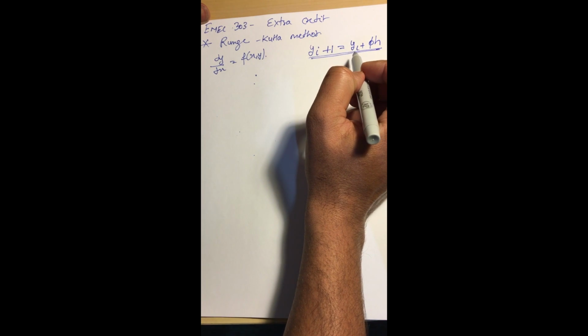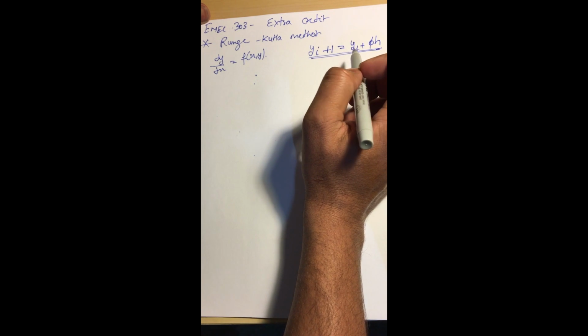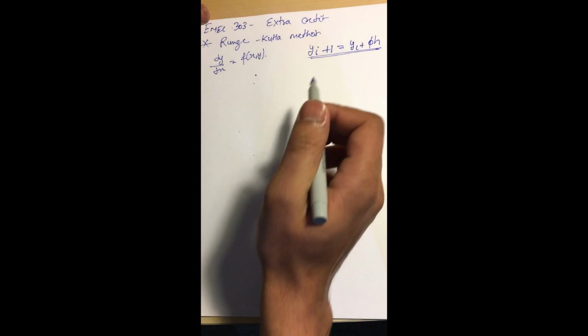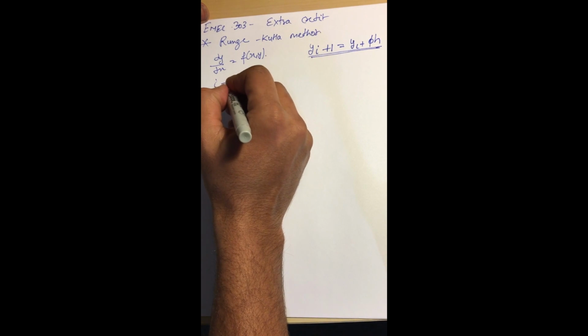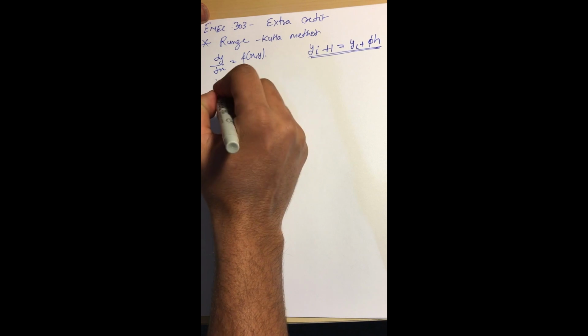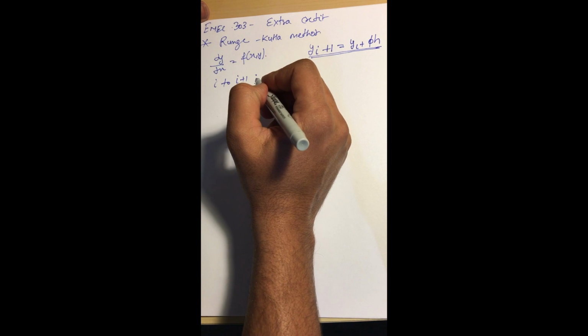I think it's instructive to see another way this might look. Let's say we're trying to do a small step from i to i plus 1, from the value of the function to the next value of the function.